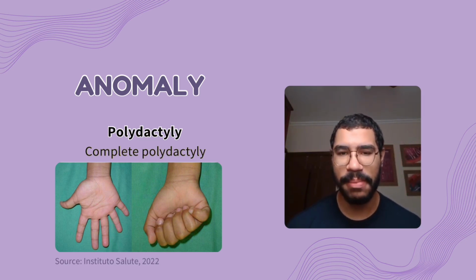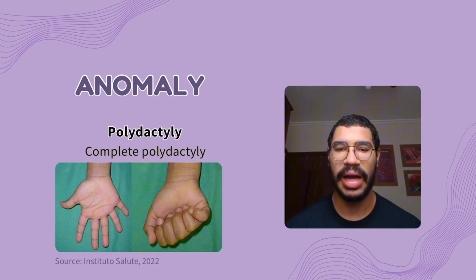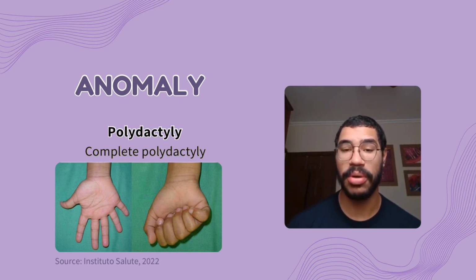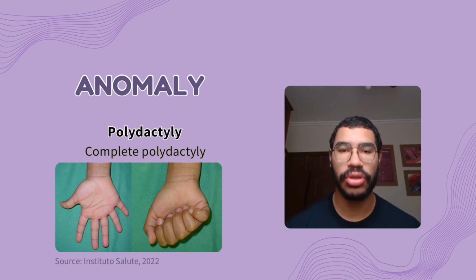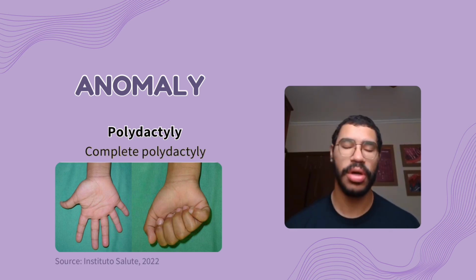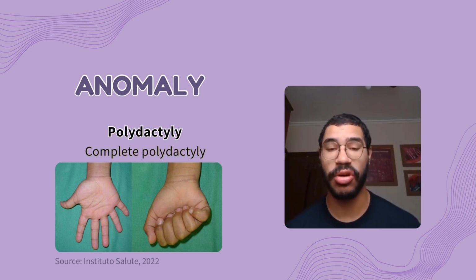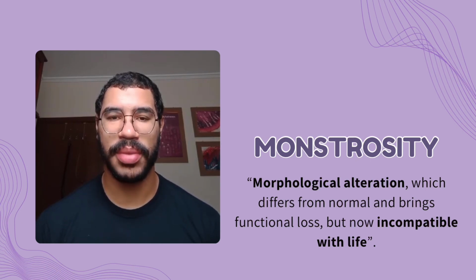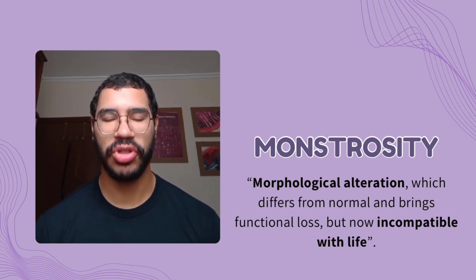Nonetheless, independently of whether this new structure has functional anomalies or not, they are compatible with life, meaning that although functional loss is expected and normally occurs during anomalies, life goes on. There is no impairment on life in the presence of anomalies. On the other hand, when this anomaly becomes too great, we call it monstrosity.